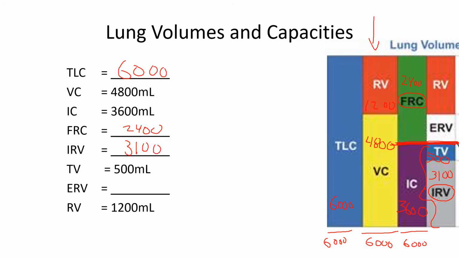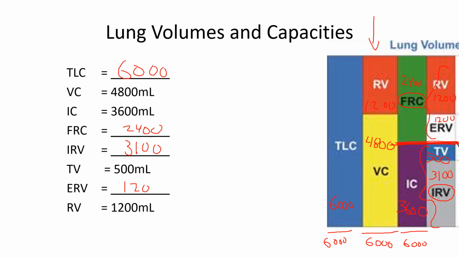And then the last thing we need to solve for is, oh, RV, I forgot. So RV is in two places. So now these two columns are 2,400. This guy's already 1,200. So what's left over? 1,200, right? So this guy and this guy must equal the same.